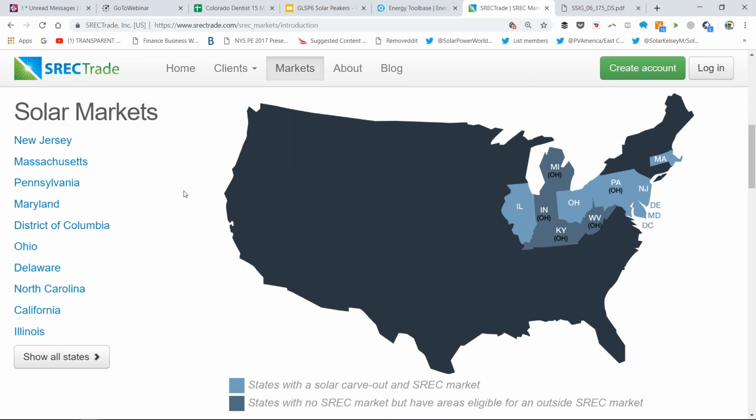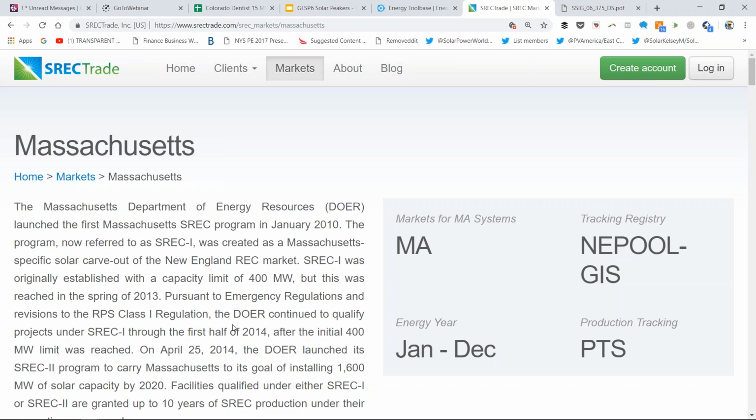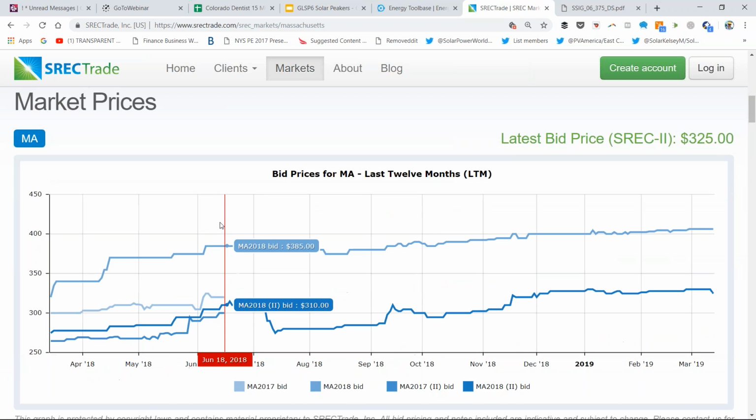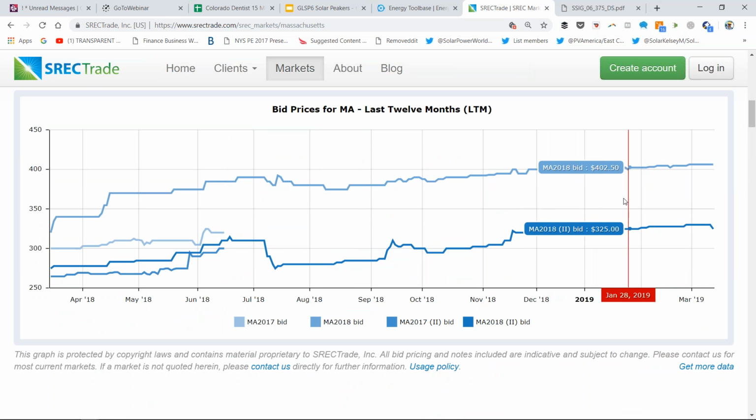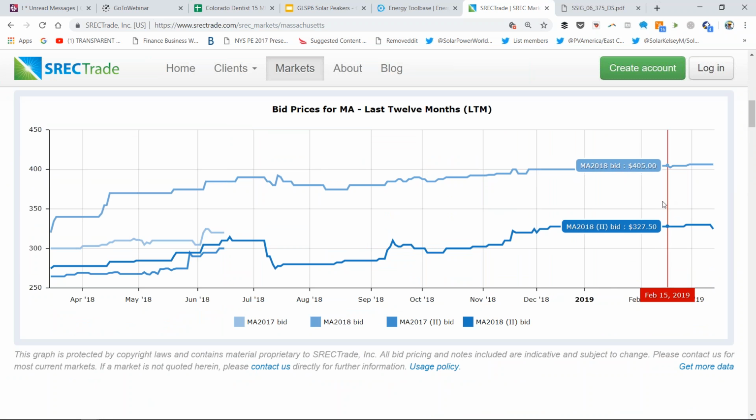Massachusetts and New Jersey are kind of the main ones. So if we want to check the spot prices of Massachusetts renewable energy credits, they're still going for 32 to 40 cents per kilowatt hour.